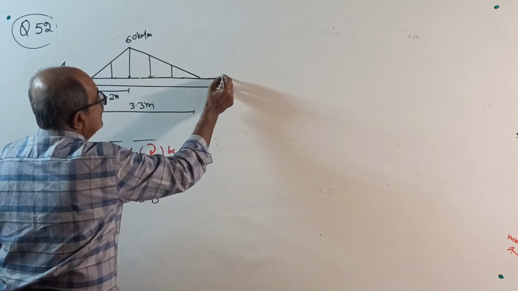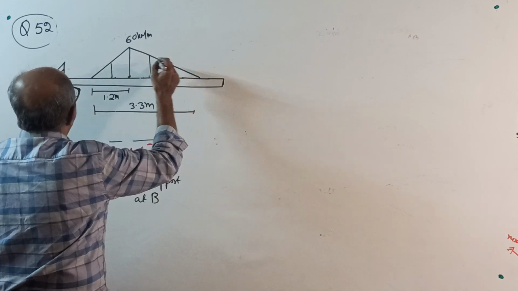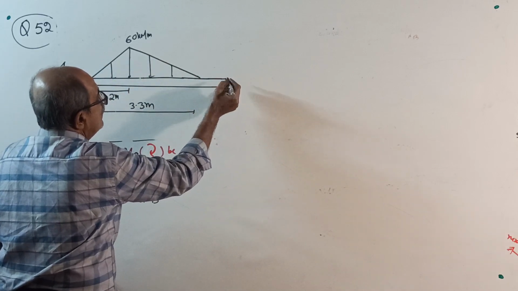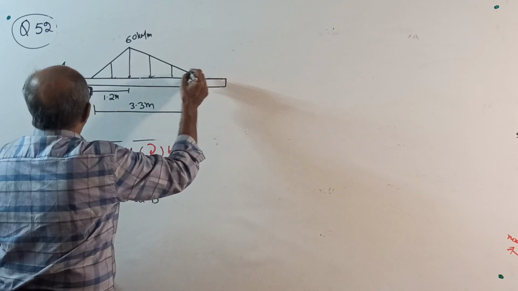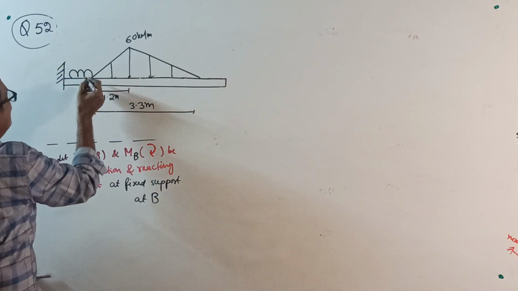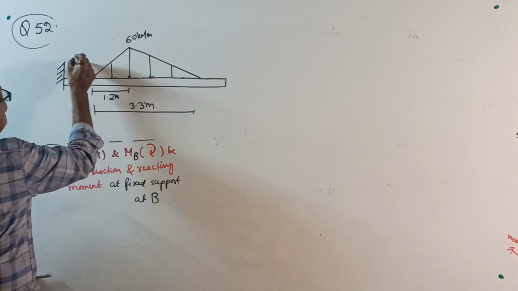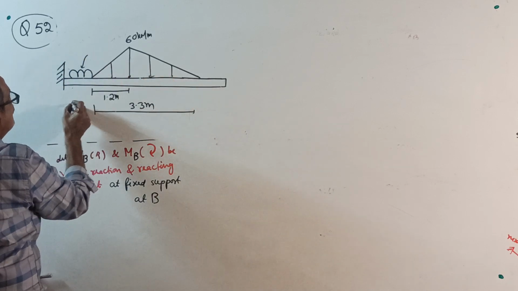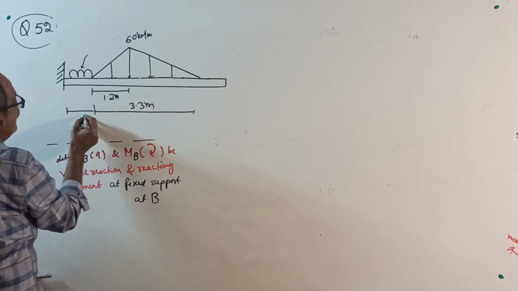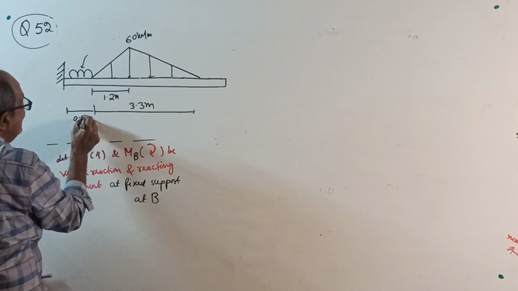One point load is not required, but I want some loading. One UDL here and one UDL here, but remember, this distance is 1.2, which means 0.9 meter.